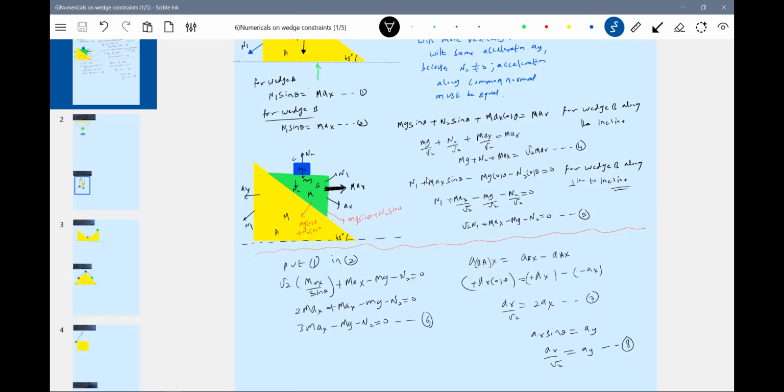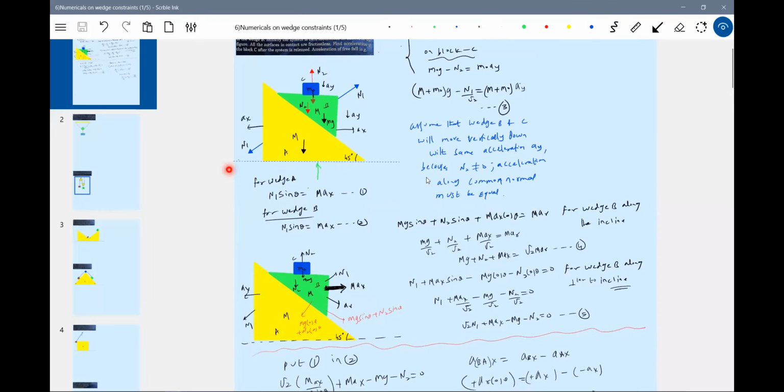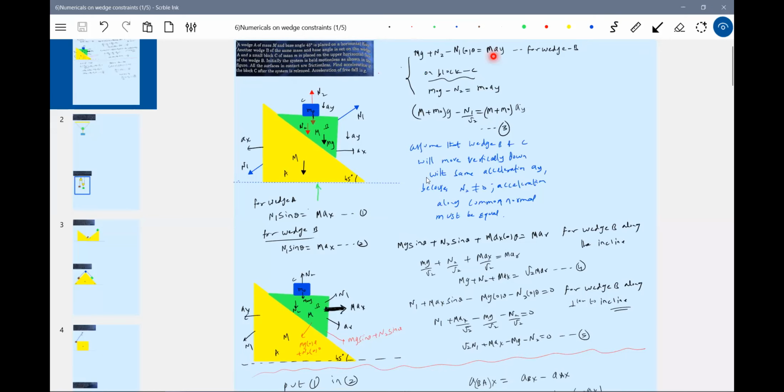AR is here, no? AY, what can you write here? So there are so many equations. Okay, these together we added up, no? So AY you can write as AR, and we get it in terms of N1.